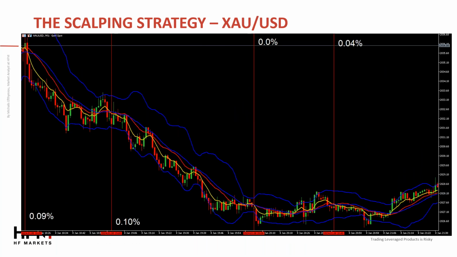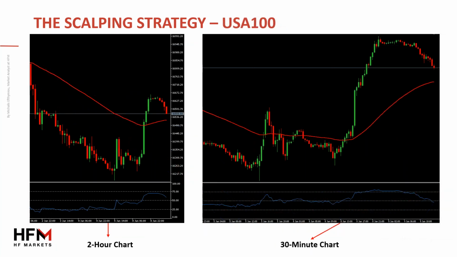So now let's look at the NASDAQ. Again, we're looking at a 2-hour time frame and a 30-minute time frame, same indications. This time though, we're looking at a potential buy. Why? Because the price is above the sentiment line and it's above the 50 and below 75 on the oscillator. Same thing here as well, ladies and gentlemen.